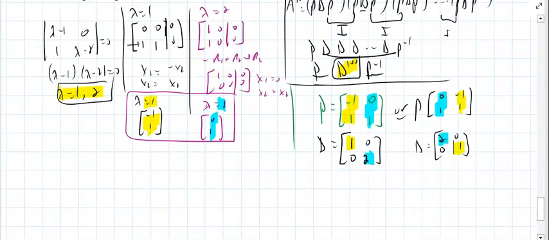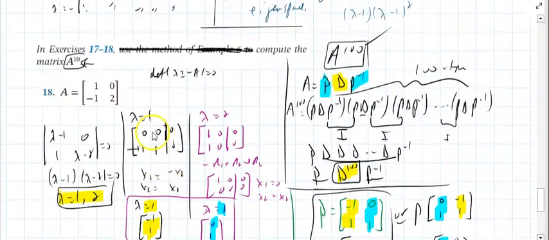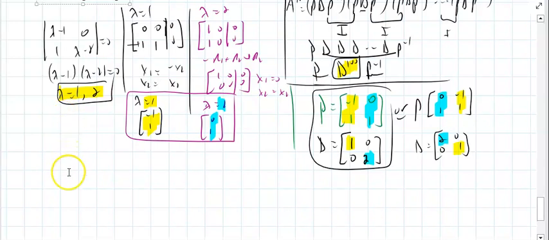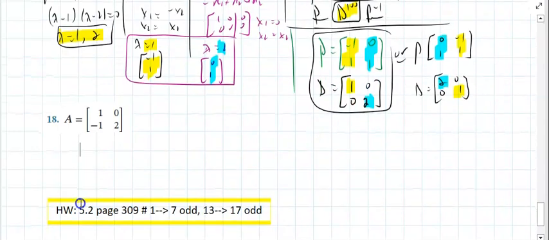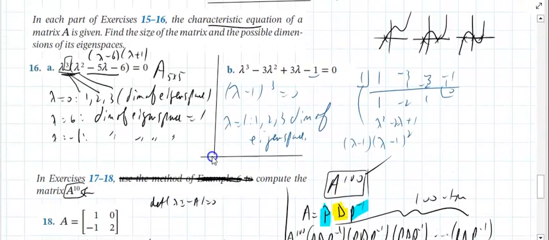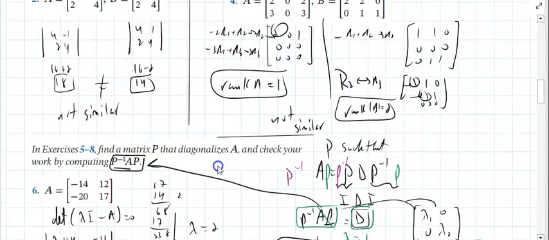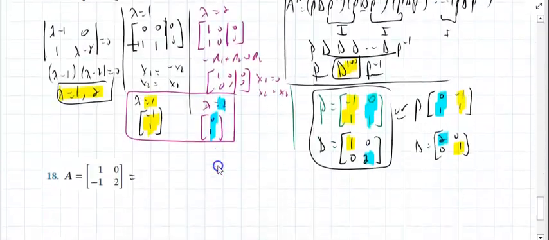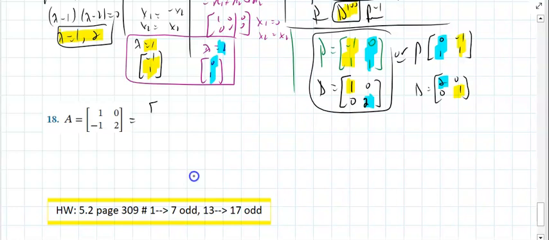I'm going to go with the first. I'm going to take this matrix A and write A as P, D, and the inverse of P. P is negative 1, 0, 1, 1.